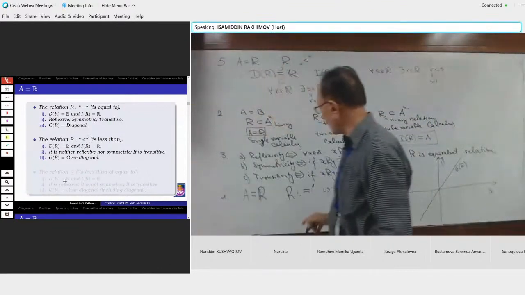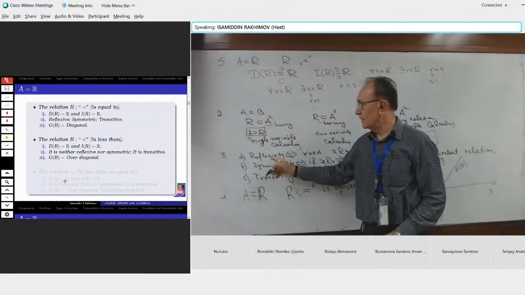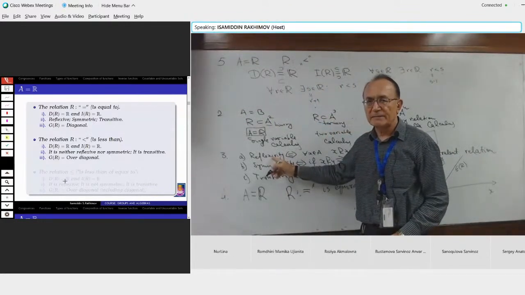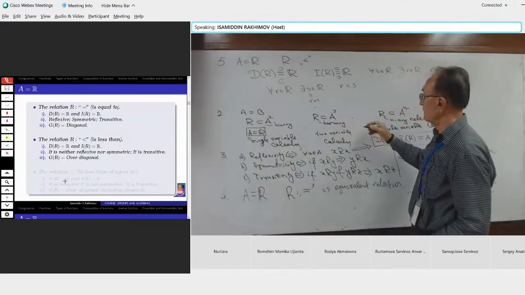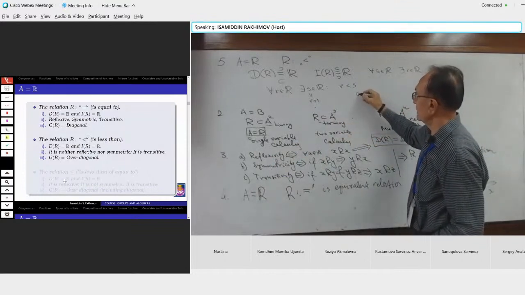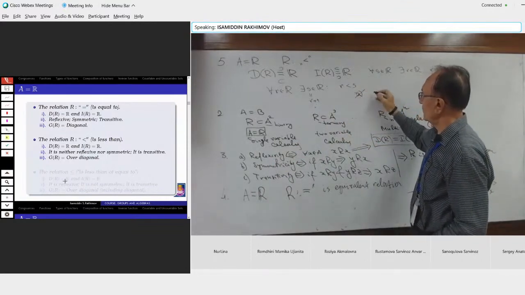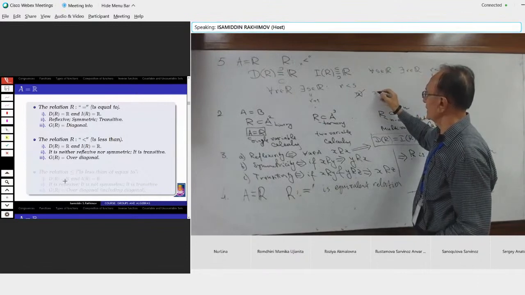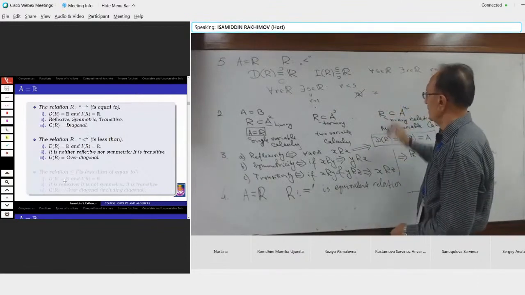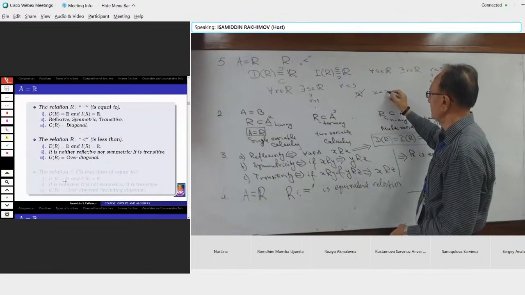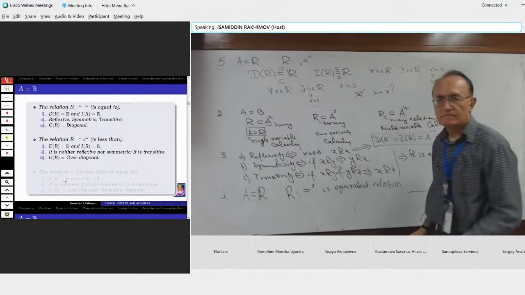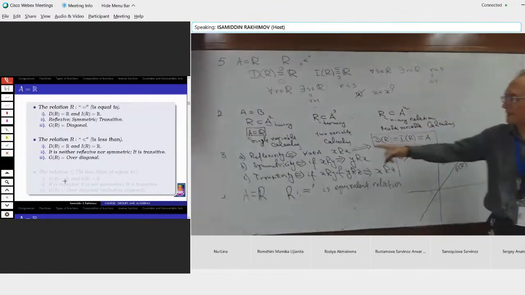Now, the properties. It is definitely not reflexive, because you cannot say x is less than x. Reflexivity doesn't hold.